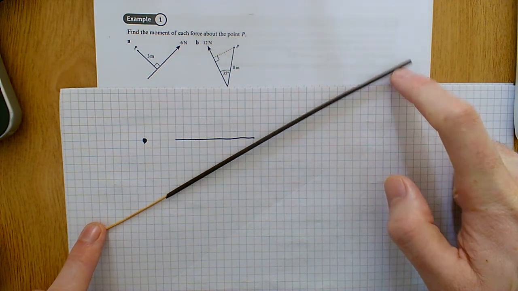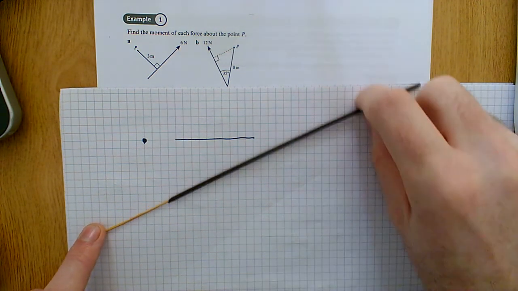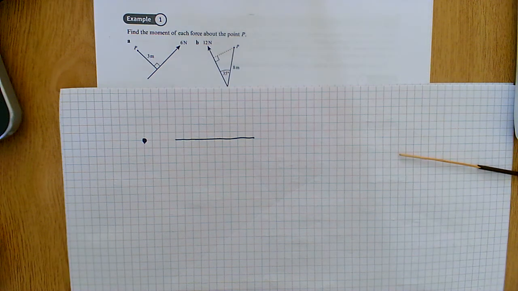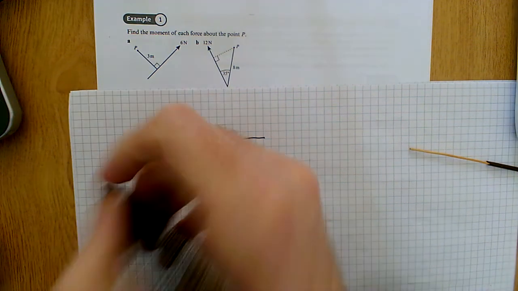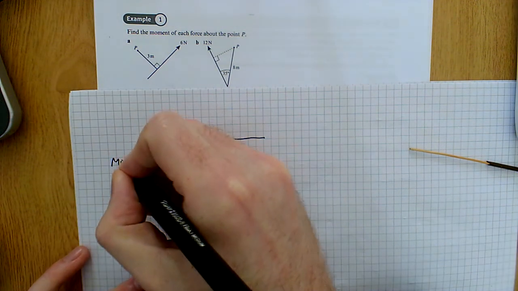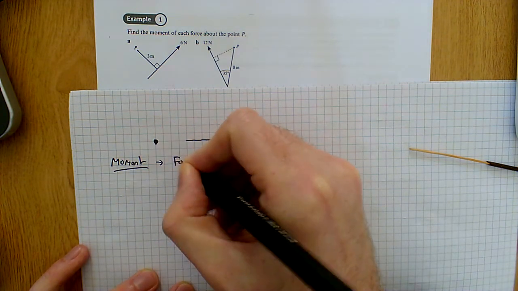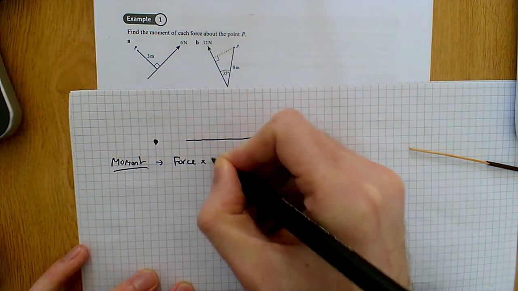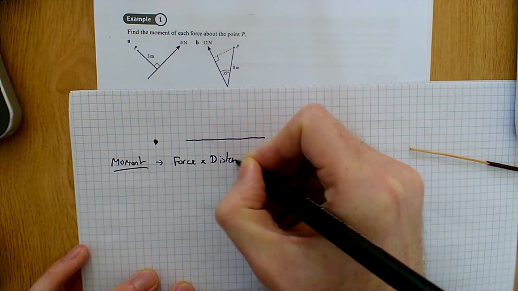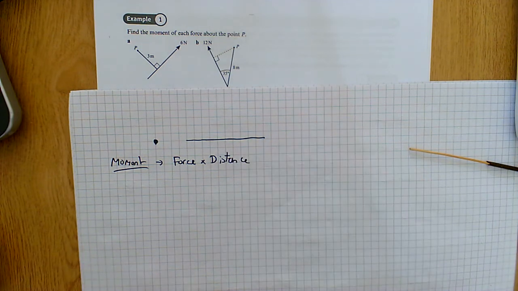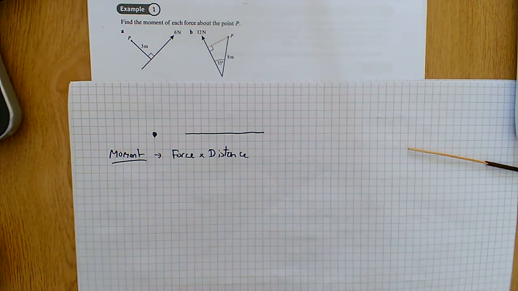It's easier to turn it if you are a long distance away from the turning point. So that's our first formula: the moment, or turning force, of an object is just the force times the distance from the pivot point. The pivot point is always going to be P.